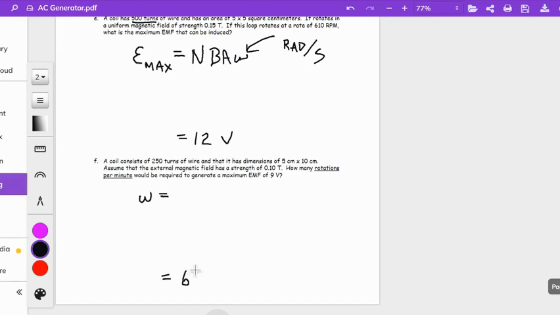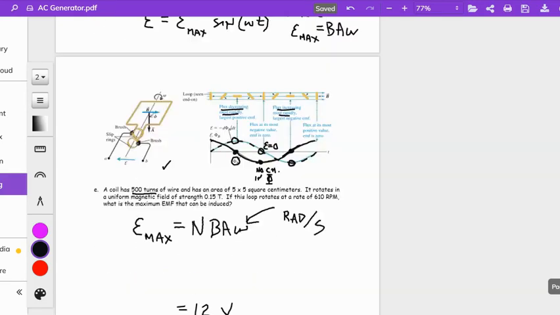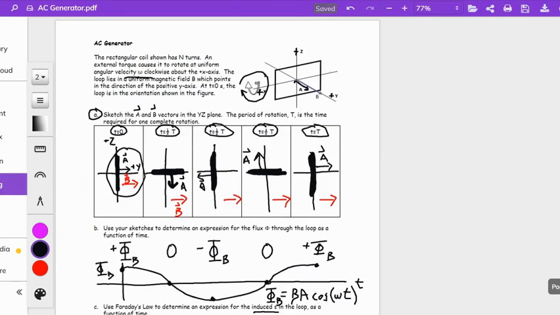And you can check it, and you should get 690 rotations per minute. So you have to take radians per second from the formula and convert them into this. So solve for this, solve for that, but then convert it. All right, so that's about it. You can show your teacher when you have those two things, but that's an overview of AC generators and how they work.